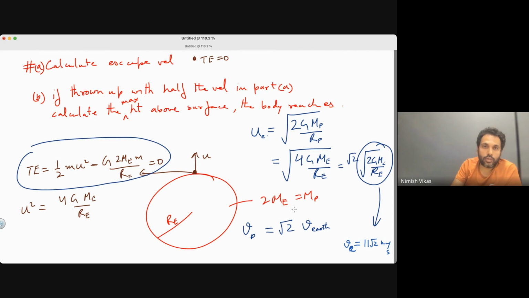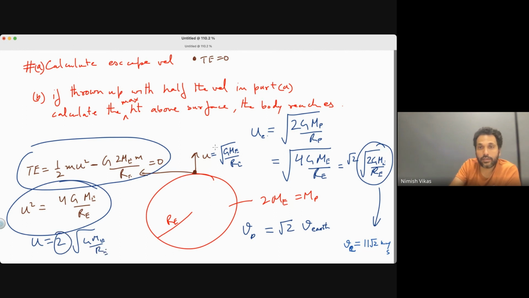So do the other part yourself, where the velocity is half of what you found. That means u is given as root of G mass of Earth divided by 2 radius of Earth, half of it, so the 2 goes away.